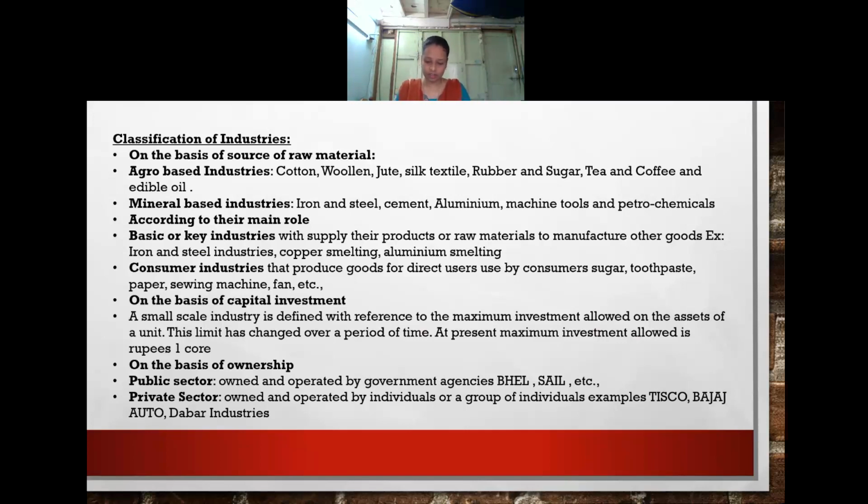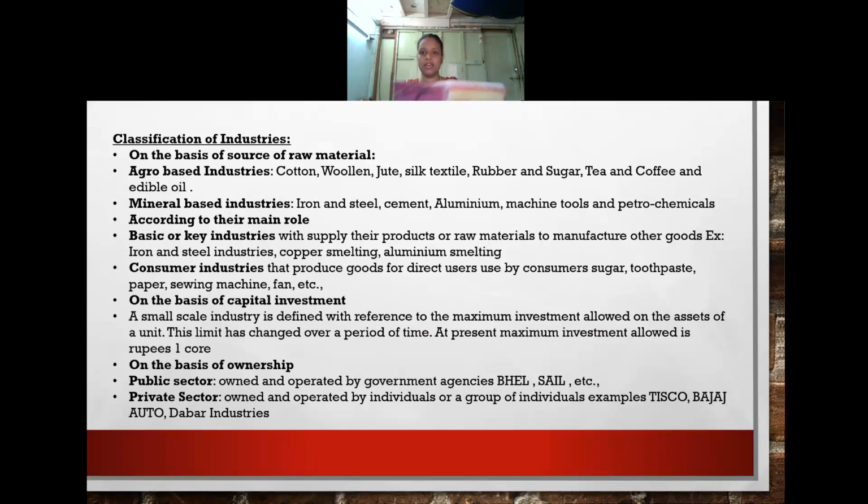The company names are BHEL, and second, SAIL. Some people will ask what is the meaning of SAIL. SAIL is nothing but Steel Authority of India Limited, which comes under the control of the government.